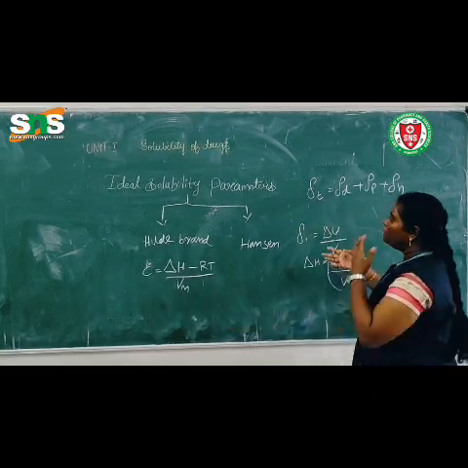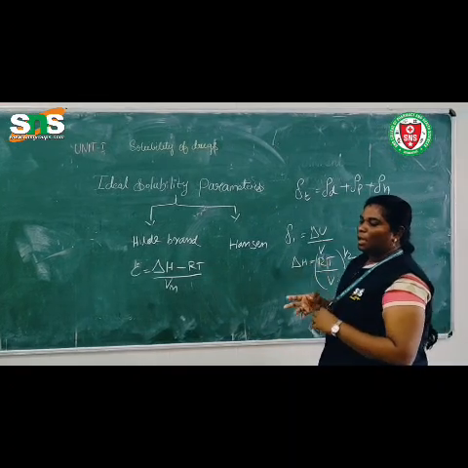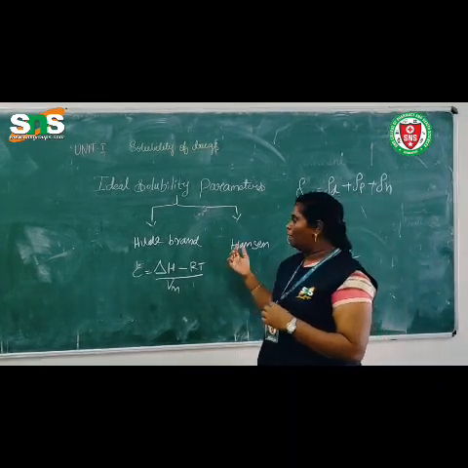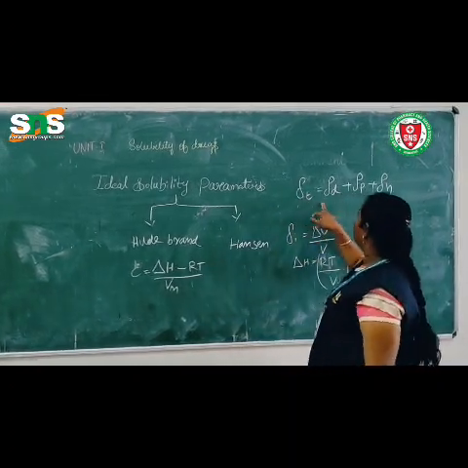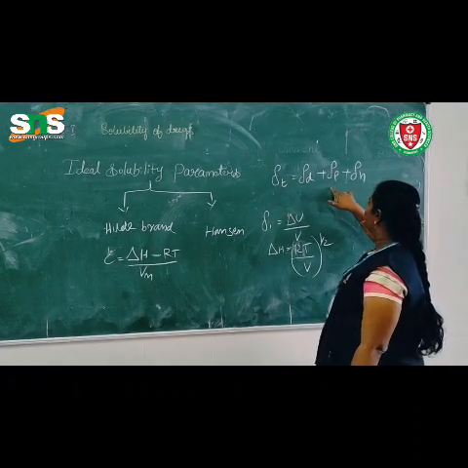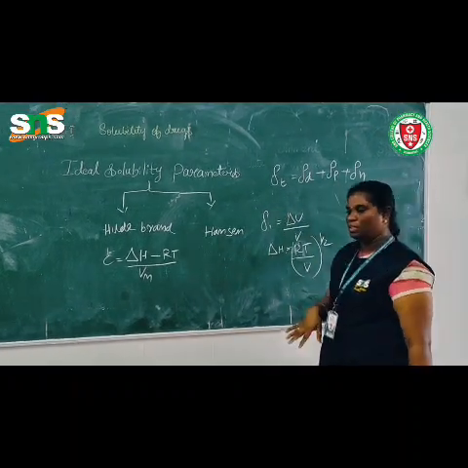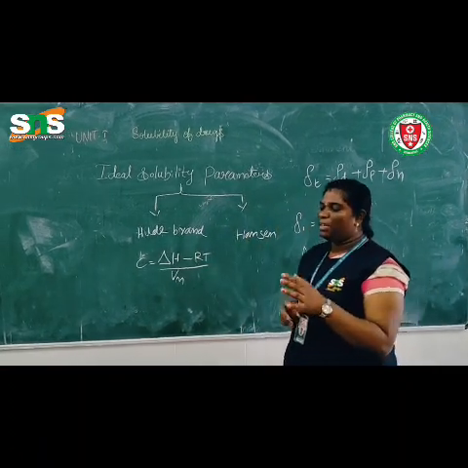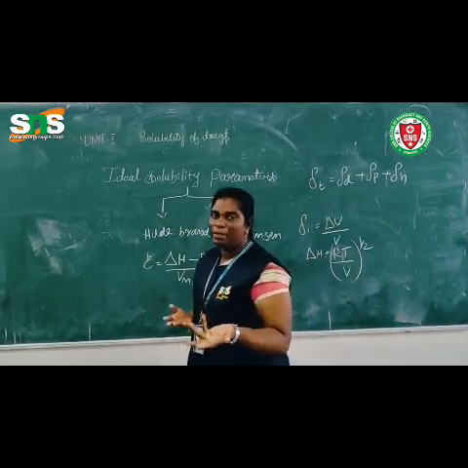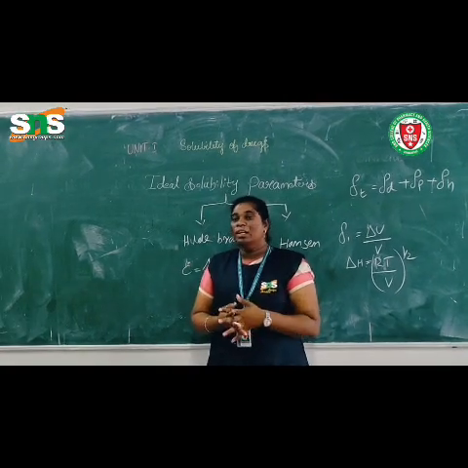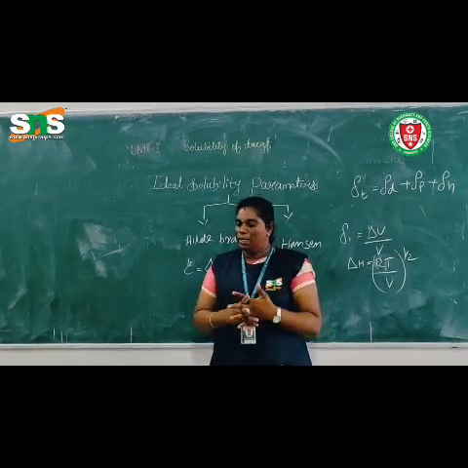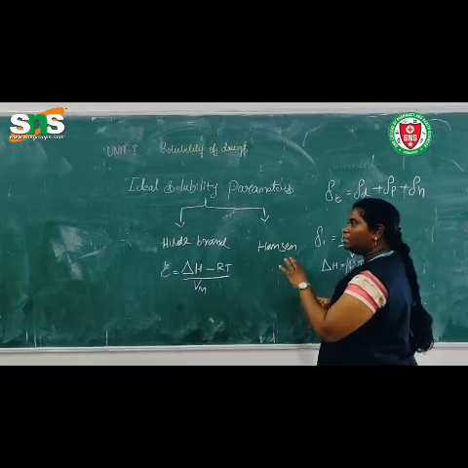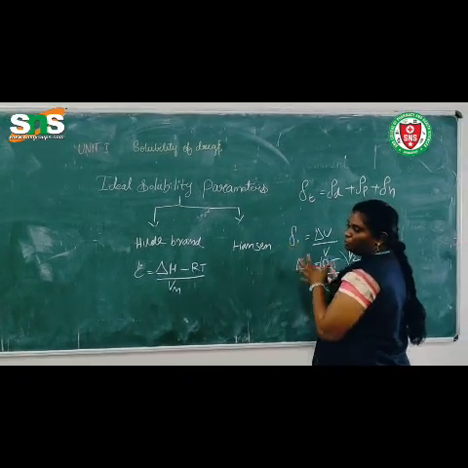Delta is the solubility parameter, and the formula for this is delta T equal to delta D plus delta P plus delta H. Then the Hansen solubility parameters. The Hansen solubility parameters were developed by the scientist Hansen in 1967 for predicting whether one material will dissolve in another to form a solution.